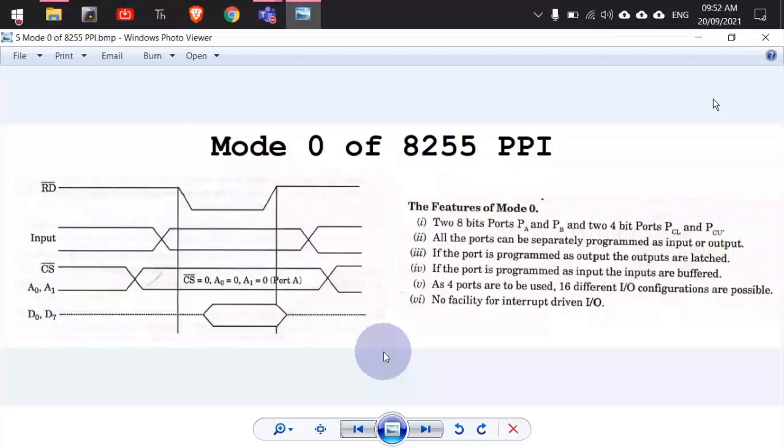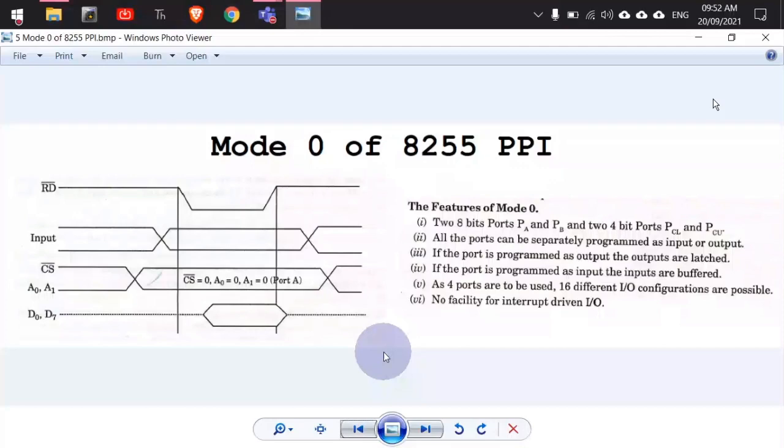But in the 8255 PPI, you see that there is no time in the timing diagrams. These are just simply diagrams. Even calling them timing diagrams will be a misnomer. Can somebody explain that to me? As a hint, I will open this IC diagram. You can see this pin diagram.